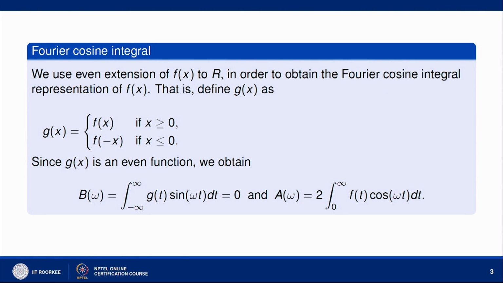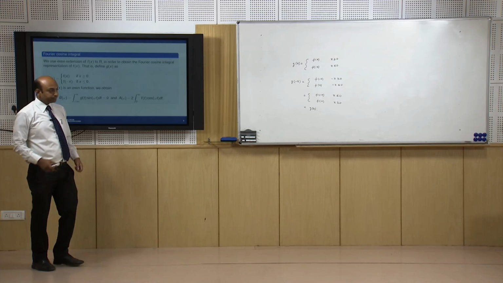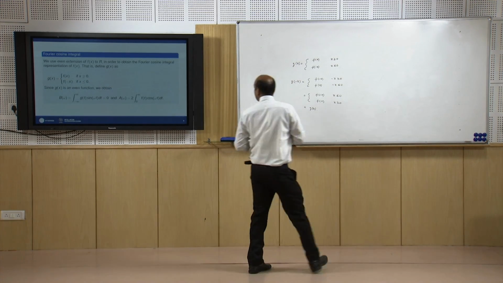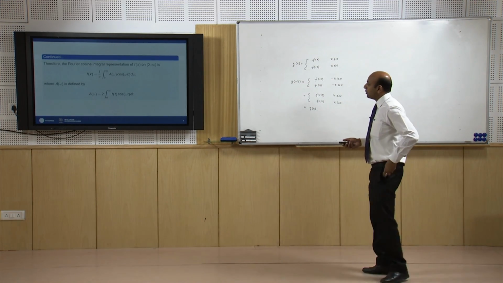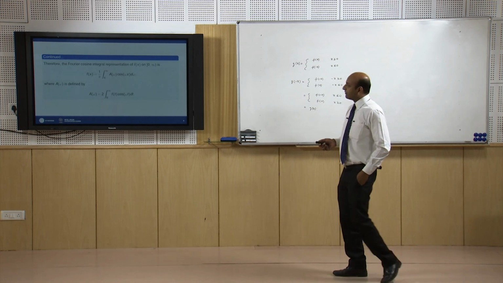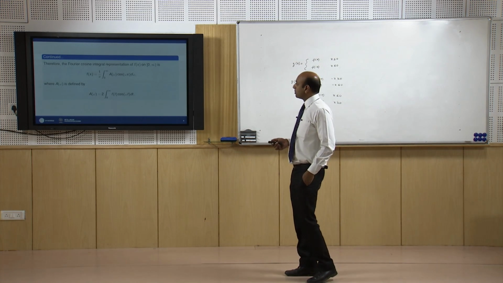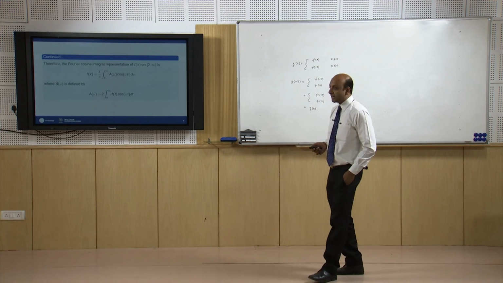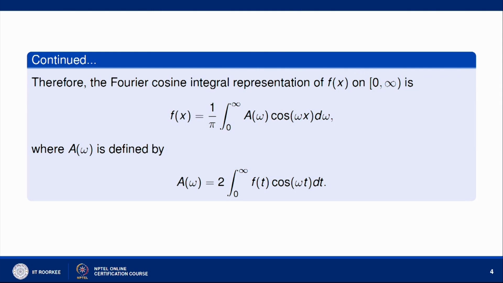And A(omega), we know, is defined from minus infinity to plus infinity, and g(t) cos omega t is even into even, which is even, so this will be 2 times the integral from 0 to infinity. So the Fourier cosine integral representation will be given by f(x) equals 1 upon pi integral 0 to infinity A(omega) cos omega x d omega, because B(omega) is 0, where A(omega) is given by 2 times integral 0 to infinity f(t) cos omega t dt.